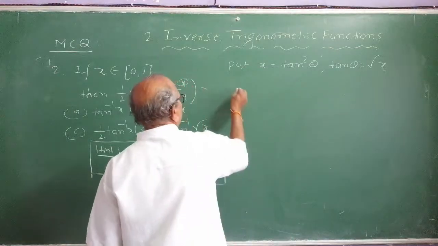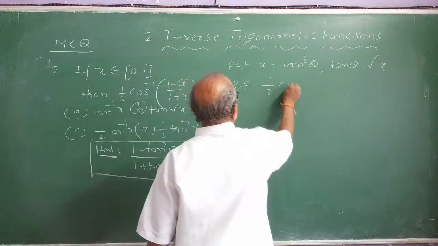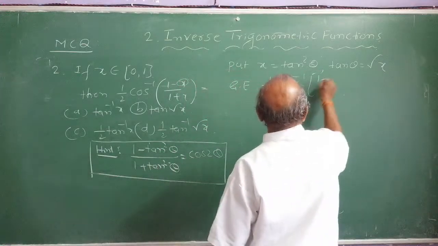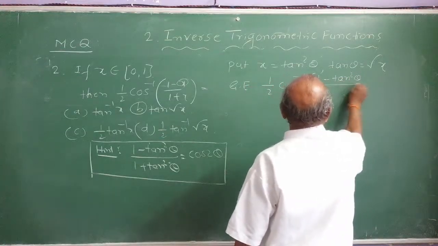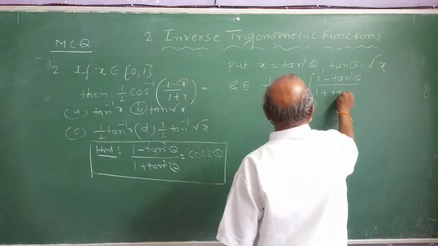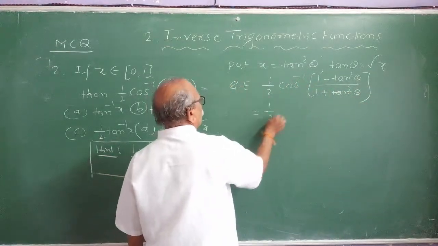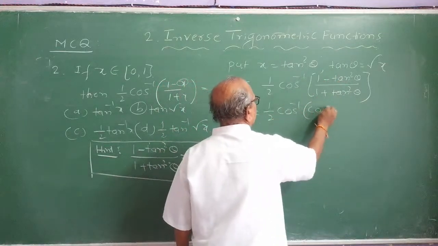Take the given expression: 1 by 2 cos inverse of (1 minus tan square theta upon 1 plus tan square theta), wherever x is there you put tan square theta. That is equal to 1 by 2 cos inverse of cos 2 theta, because 1 minus tan square theta upon 1 plus tan square theta is cos 2 theta.